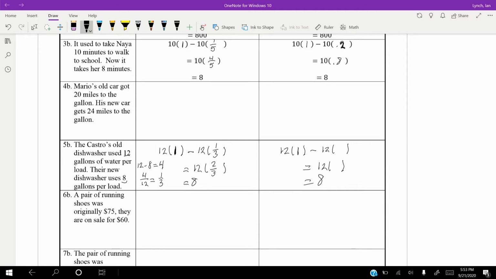Okay? This is what we have originally. This is our decrease. So we're decreasing by 1/3, which is 0.33. Now 1 minus 0.33 gets us 0.67. That is a 7, not a 2. Which gets us 8 if we multiply this on through.